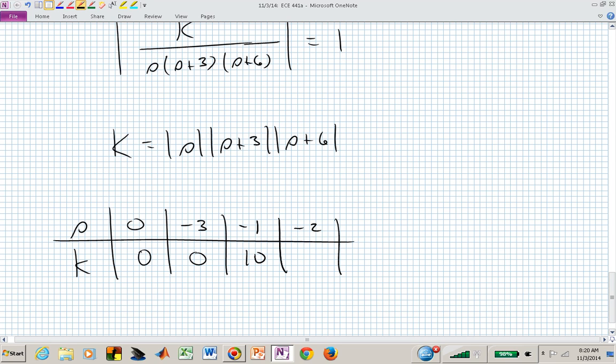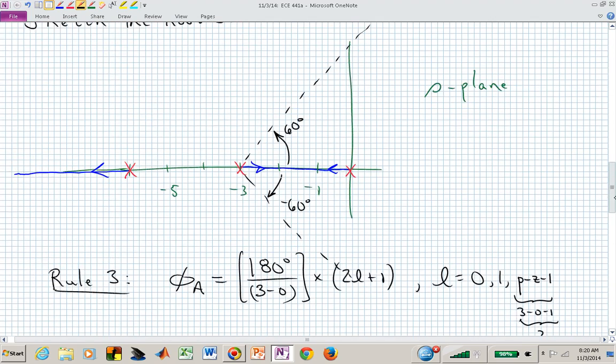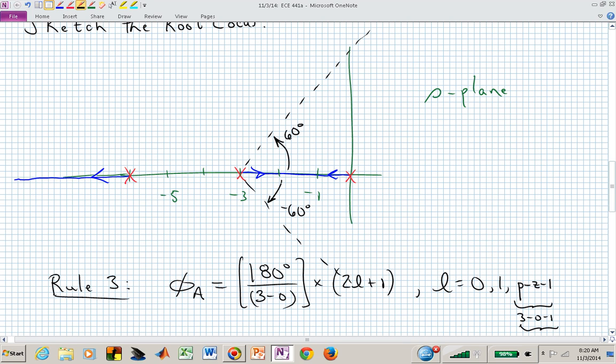Minus 2 plus 3 is 1, so we still have 2 times 1 times 4, or 8. Meaning it didn't take us as much gain to move us from minus 3 to minus 2 as it took us to get from 0 to minus 1. So we're not going uniformly towards each other. It zipped from minus 3 faster, in a sense, as far as the adjustment of K, towards the origin as the origin went towards minus 3.